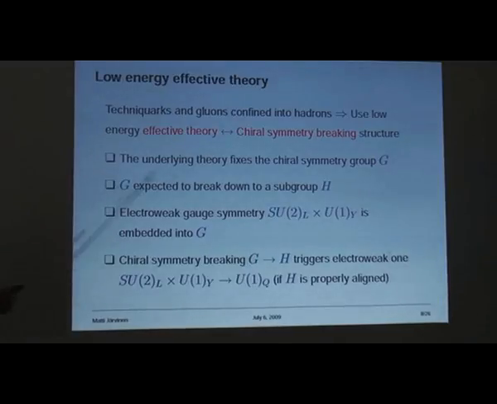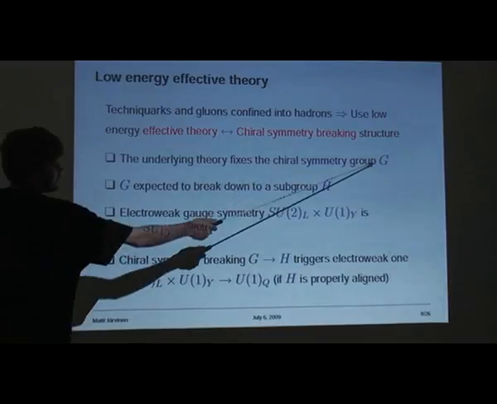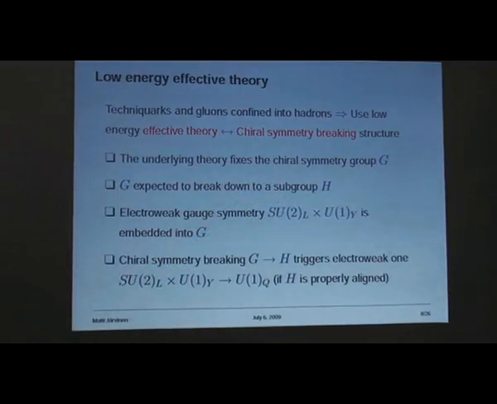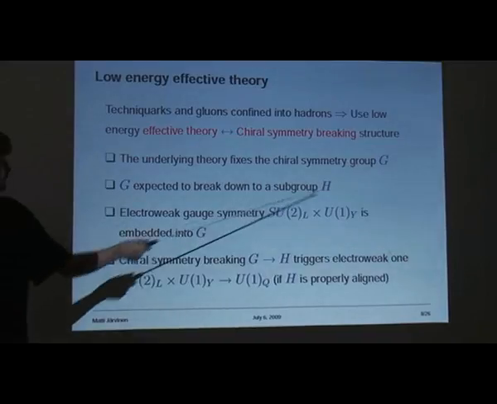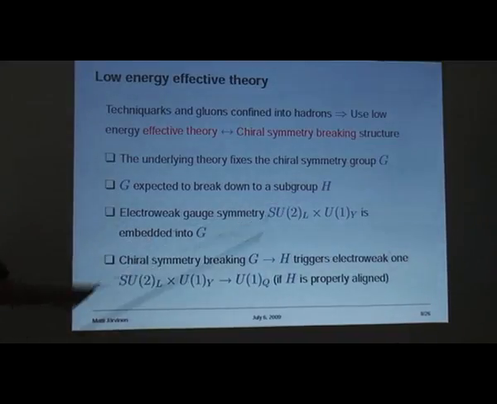So you have the chiral symmetry group G, which is fixed by the underlying gauge theory, and then you identify the subgroup to which G is expected to break down. The way you couple the electroweak gauge symmetry to the techniquarks then tells you how you should embed this electroweak gauge symmetry group into this chiral symmetry group G.